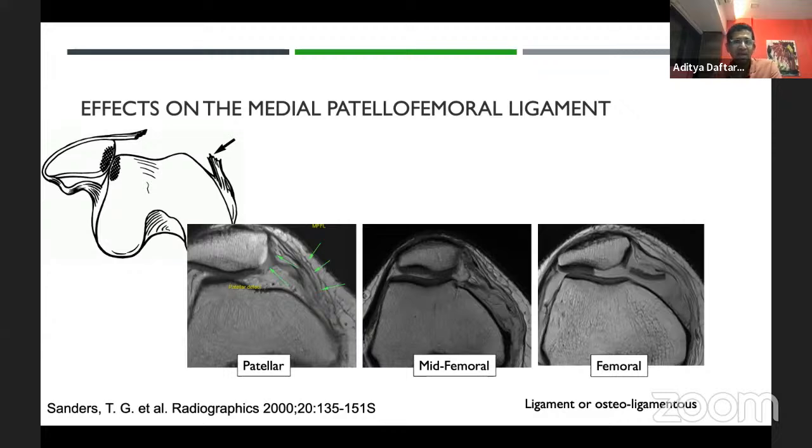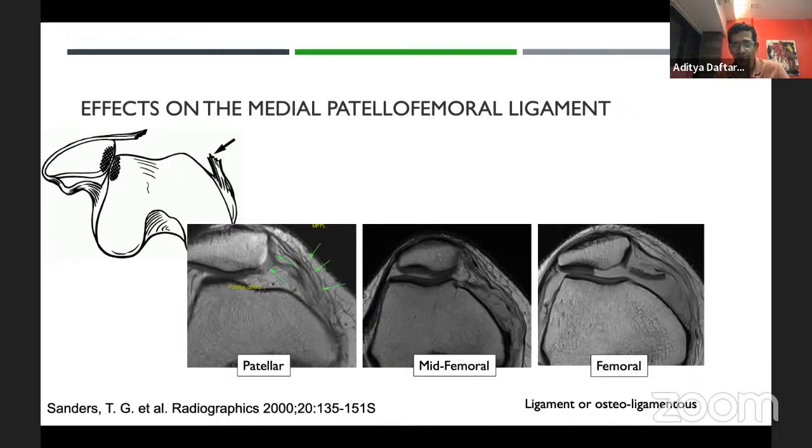Unless there is a violent pull in somebody who's having a first time patellar dislocation, sometimes it's very hard to tell whether the injury was on the patellar side or the femoral side or the mid substance. So in these cases, we end up telling you that, look, there is attenuation of the ligament, which means it is thin and slender. And honestly, we have seen thin and slender attenuated patellofemoral ligaments even in normal patients who don't have patellar instability. So it makes it even more challenging for us to call those things.